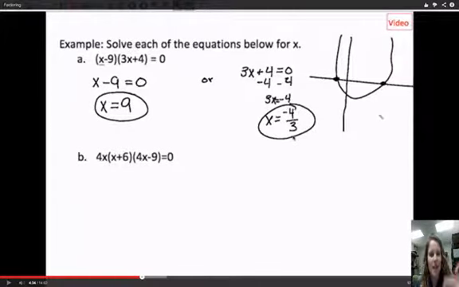What's nice about that is that it tells us on the parabola where y is 0, what x is. So this parabola is going to hit the x-axis at 9 and at negative 4/3. That's why we like factored form. It tells us our roots. Okay? So I'm going to skip B and move on here.